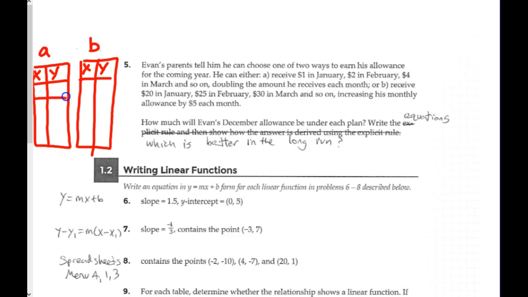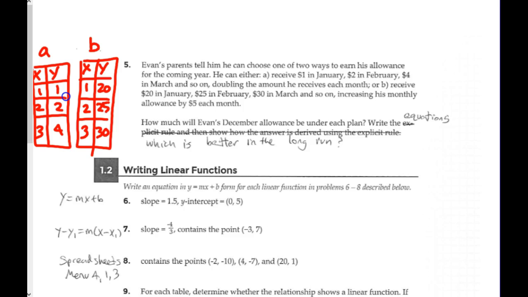Month 1 is January, month 2 is February, month 3 is March. 1, 2, 3. So on our A, receive $1 in January, $2 in February, and then $4 in March. And then on this one it's $20 in January, $25 in February, and $30 in March, right?